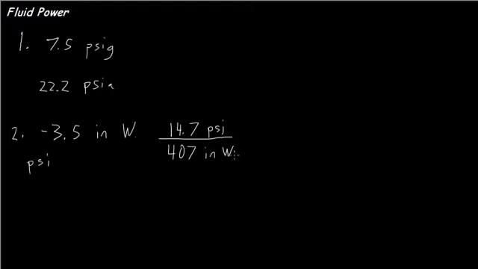So we can use that conversion factor to go between the units. So we just multiply. We get negative 0.13 psi. And this is a gauge pressure because it's measured relative to atmospheric pressure.